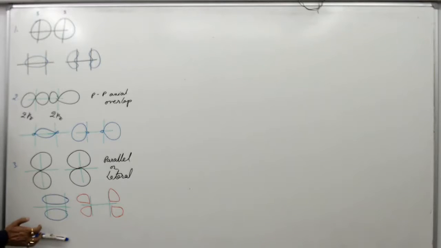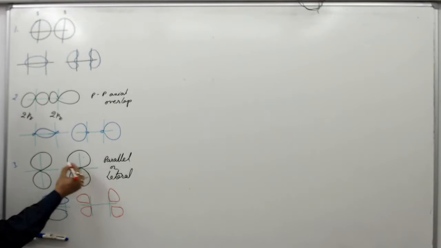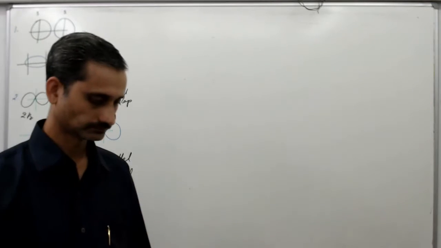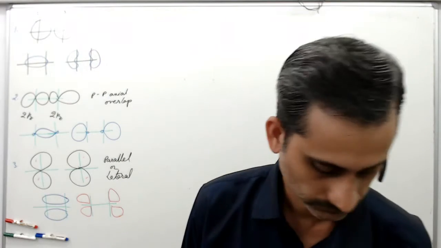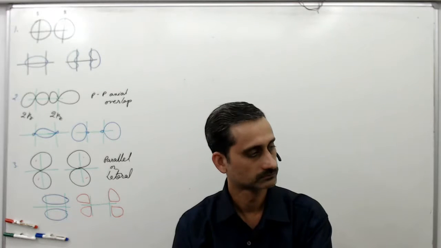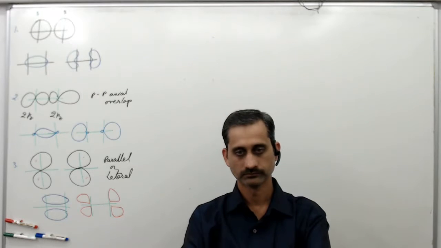Green is the axis, blue is the orbitals before overlap. These red are the orbitals which are formed by these regions. This and this region give us the red parts.